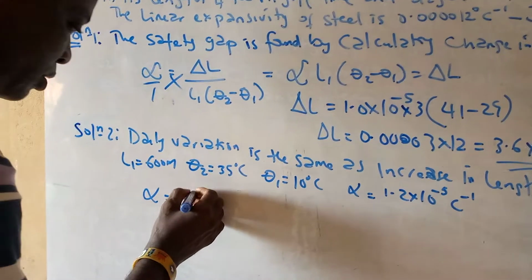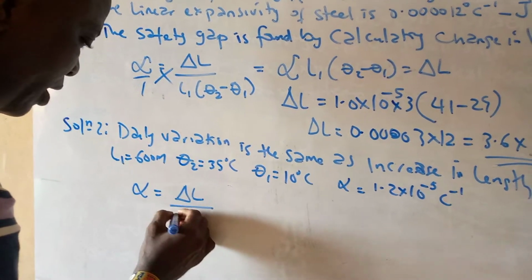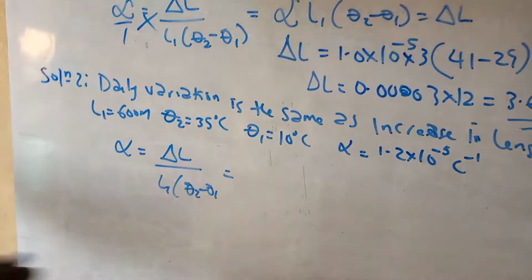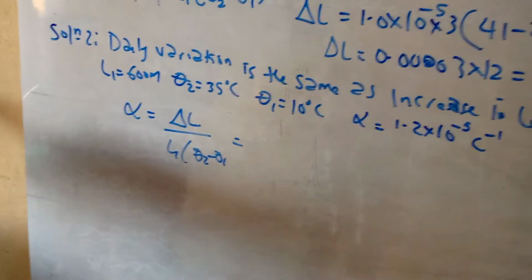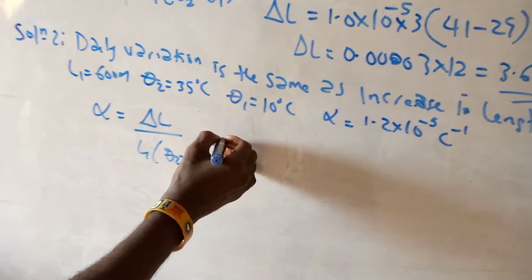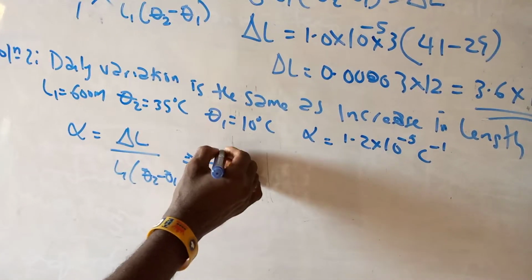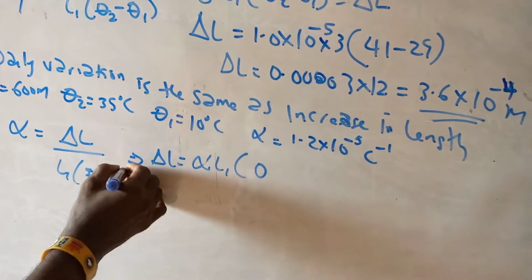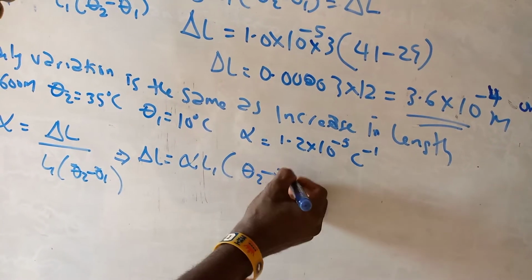Using the formula, which we know, delta L over L1 times (theta 2 minus theta 1), the change in length becomes delta L equals linear expansivity times L1 times (theta 2 minus theta 1).